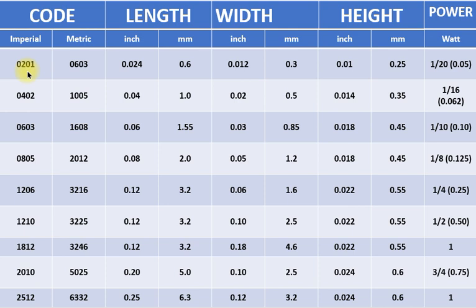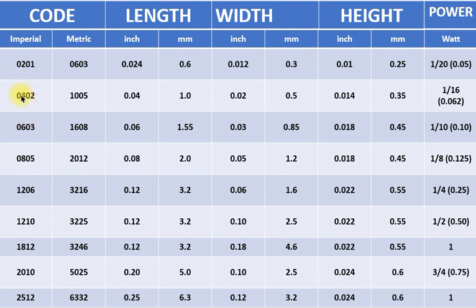If people forget, they generally look at this table to recall the wattage. The starting packages 0201, 0402 and 0603 are nowadays the most widely used packages. For general applications, these three packages are used more.